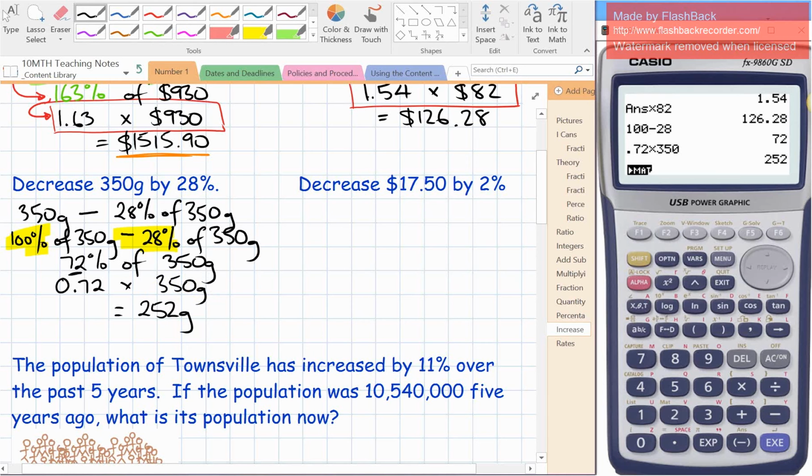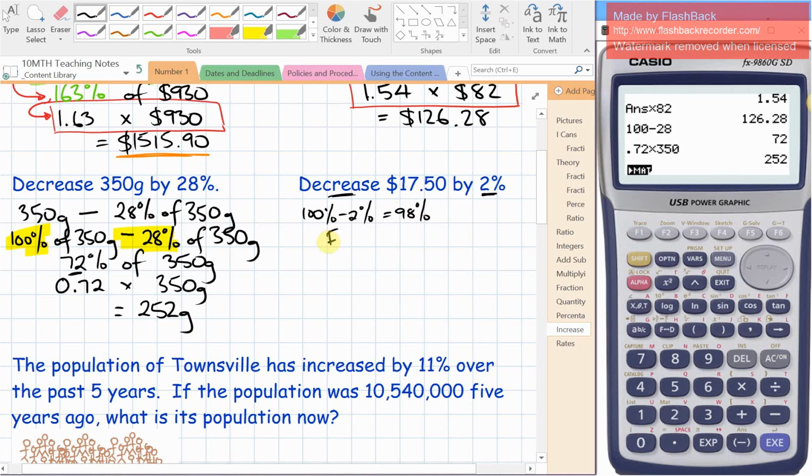This next question, decrease $17.50 by 2%. So I'm decreasing by 2%. So what I could do is I could just off to the side work out 100% minus 2%. That will give me 98%.